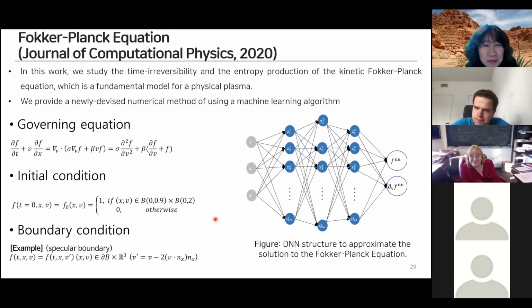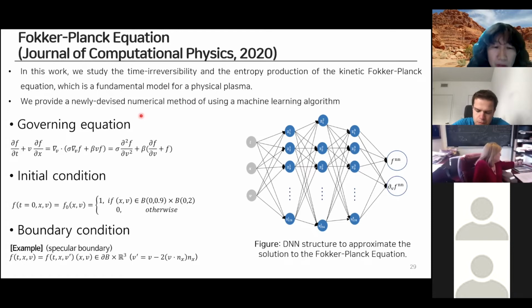So this is the kinetic equation to which I applied the new method, the Fokker-Planck equation. In this work, we studied the time reversibility and entropy production of the kinetic Fokker-Planck equation. And this Fokker-Planck equation is very fundamental for plasma physics, as you know.